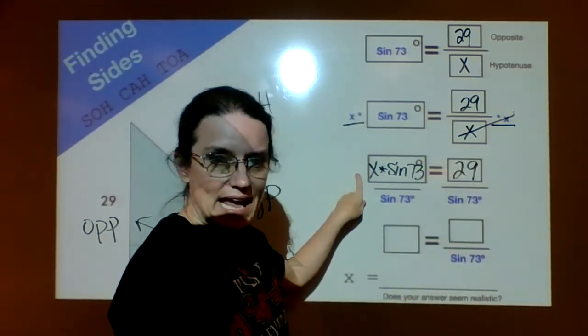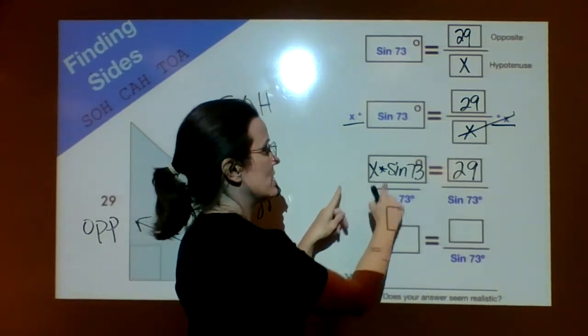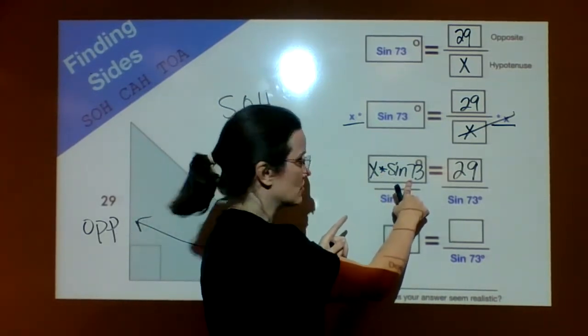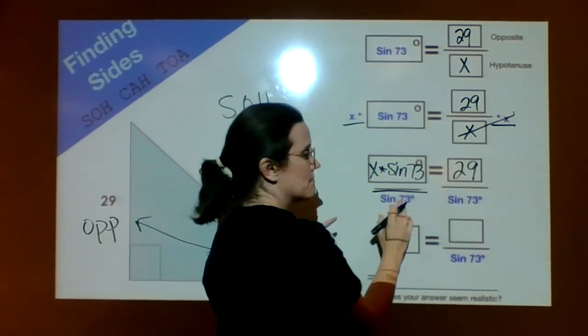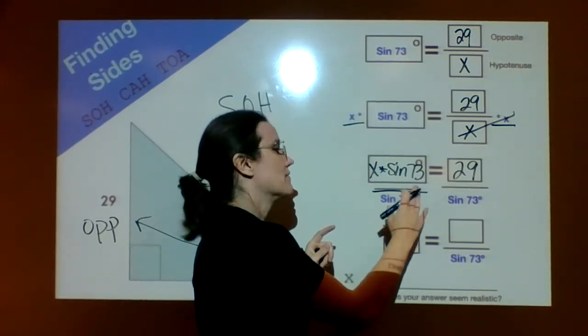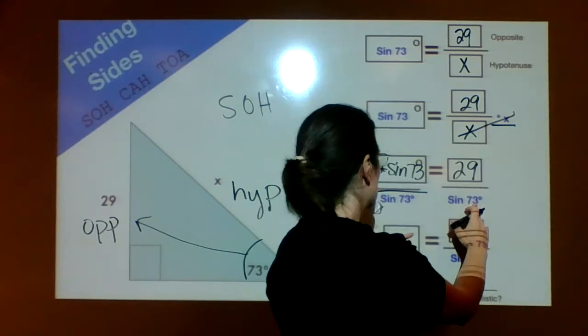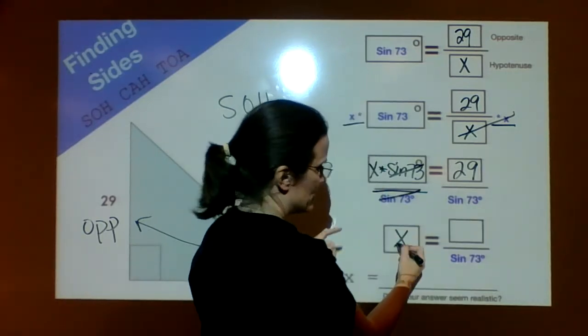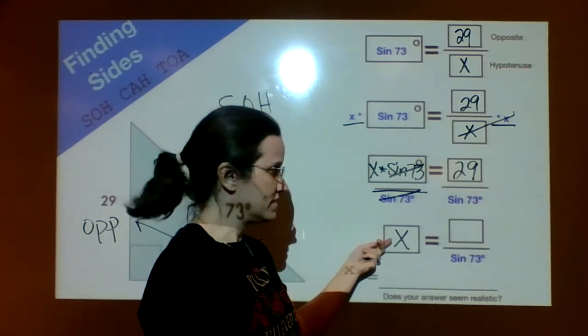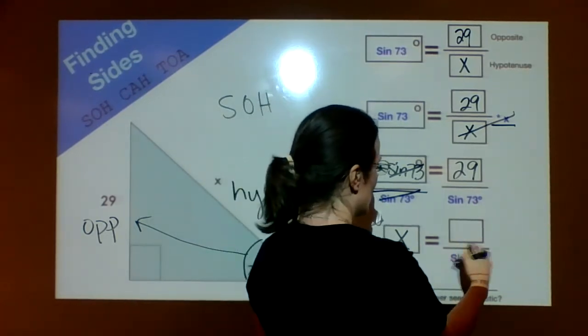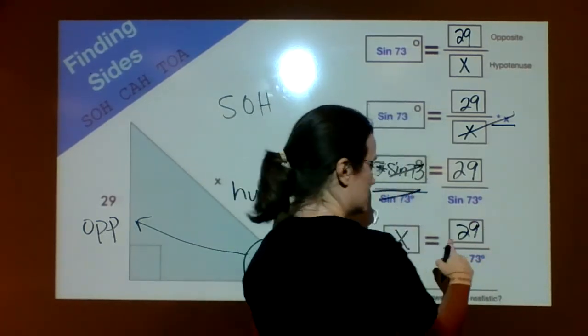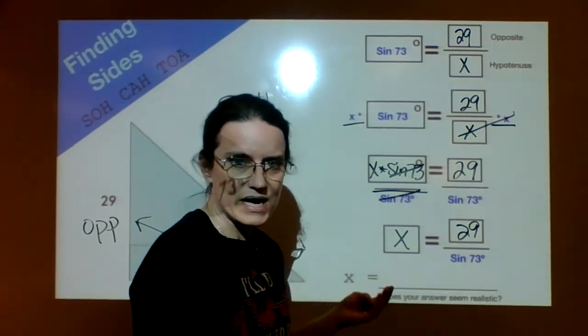Well, I want to get x by itself. So to get rid of a times sine 73, I'm going to divide by the sine of 73. If I do it on the left, I will divide it on the right as well. The sines of 73 will cancel, and I'm left with x, all by its little lonesome on this side. Over here, I have my 29 divided by the sine of 73.